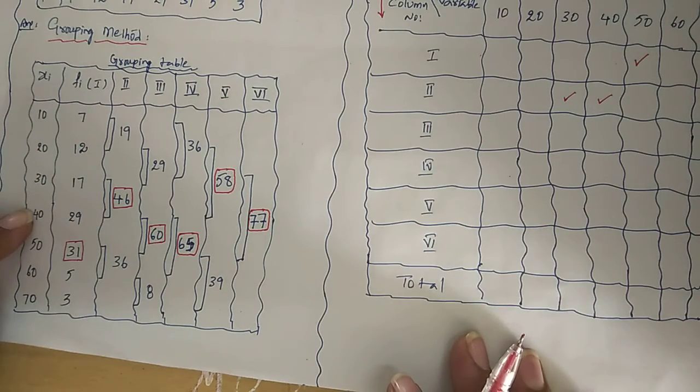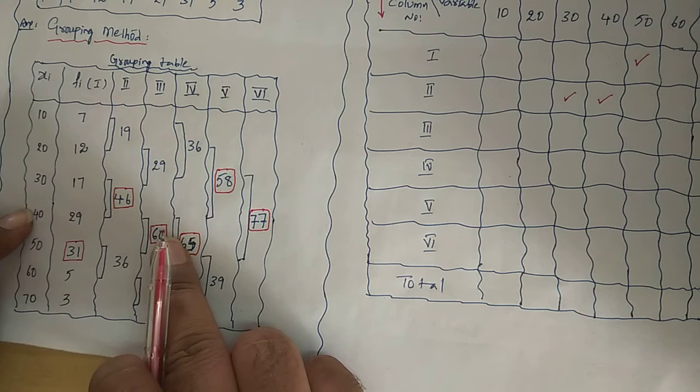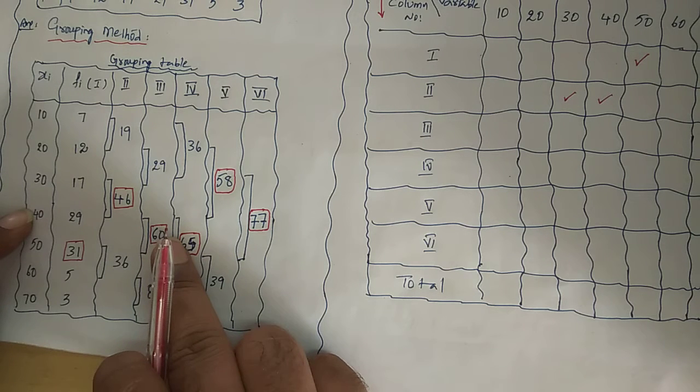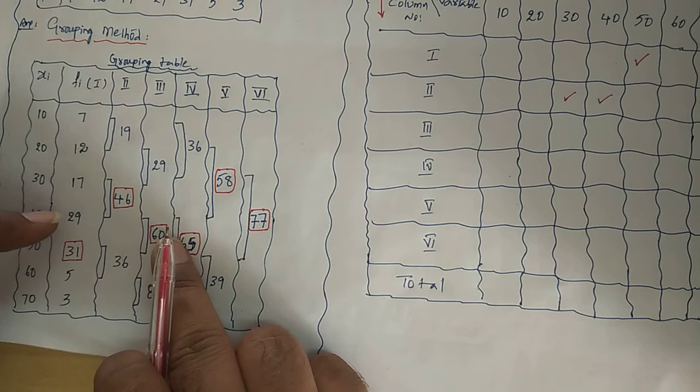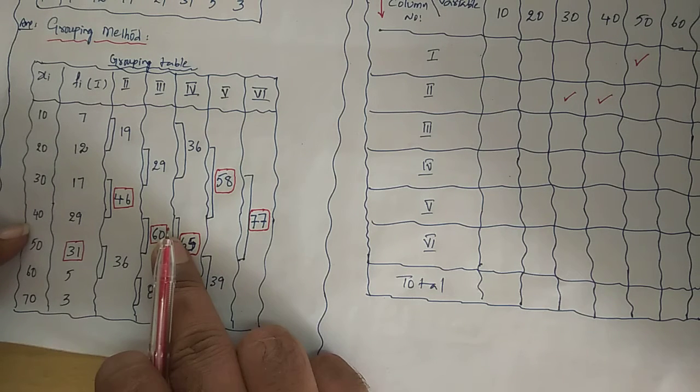Okay. Now we go for the third column. Under third column, how are you getting the total? By calculating the total of 29 and 31. This 29 and 31 represents 40 and 50. So in the third column, wherever 40 and 50 are there, correspondingly I put a tick mark.